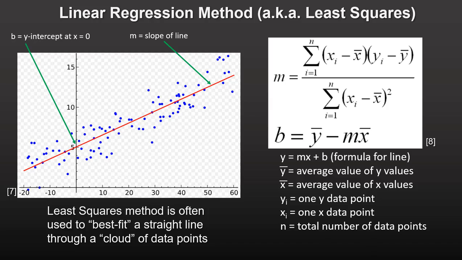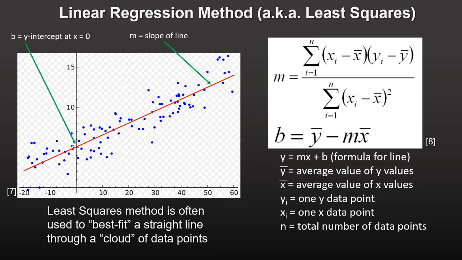The formula for calculating the slope of the line is m equals the summation from i equals 1 to n of (xi minus x bar) times (yi minus y bar), divided by the summation from i equals 1 to n of (xi minus x bar) quantity squared, where y equals mx plus b, which is the formula for a line, y bar is the average value of the y values, x bar is the average value of the x values, yi equals one y data point, xi equals one x data point, and n equals the total number of data points.